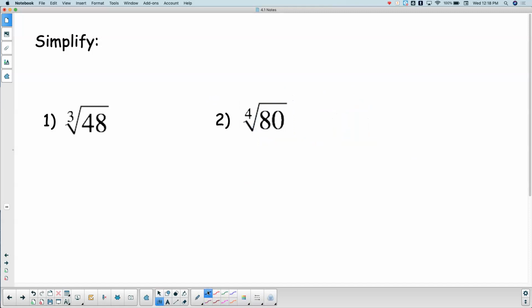Let's talk cubics. What are the perfect cubics? 9 is not a perfect cubic. 8 is.